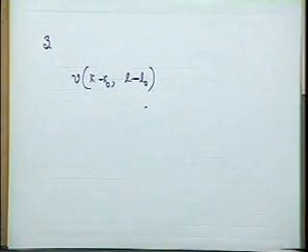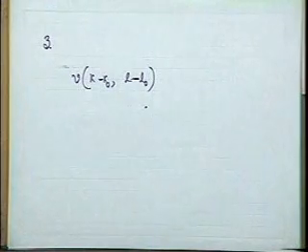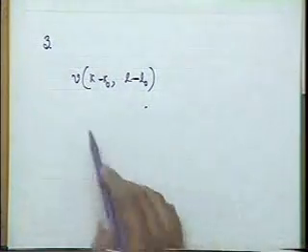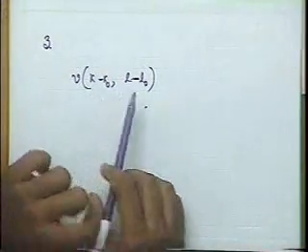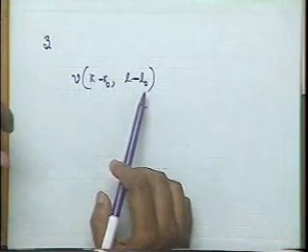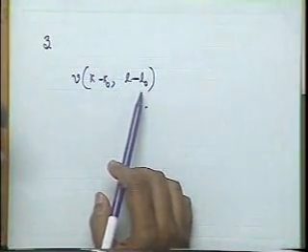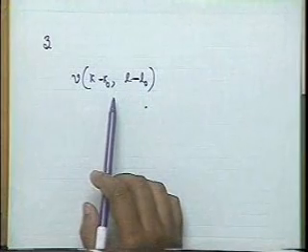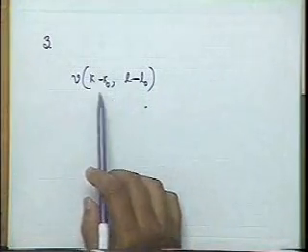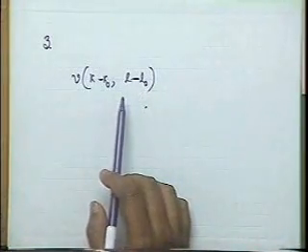So what I am interested in finding out is the transform of v(k minus k0, l minus l0). Naturally, the transform of v(k,l) results in u(m,n).